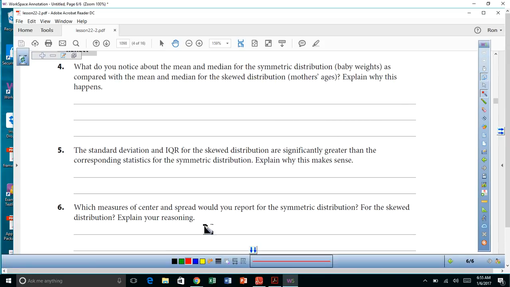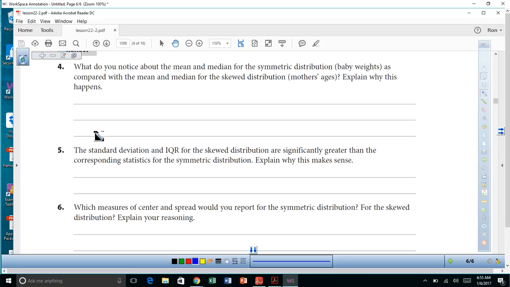The mean and median for a symmetric distribution are equal or almost equal. But the mean and median for a skewed distribution are not. This happens because the mean is pulled toward the data values in the longer tail, but the median is not.